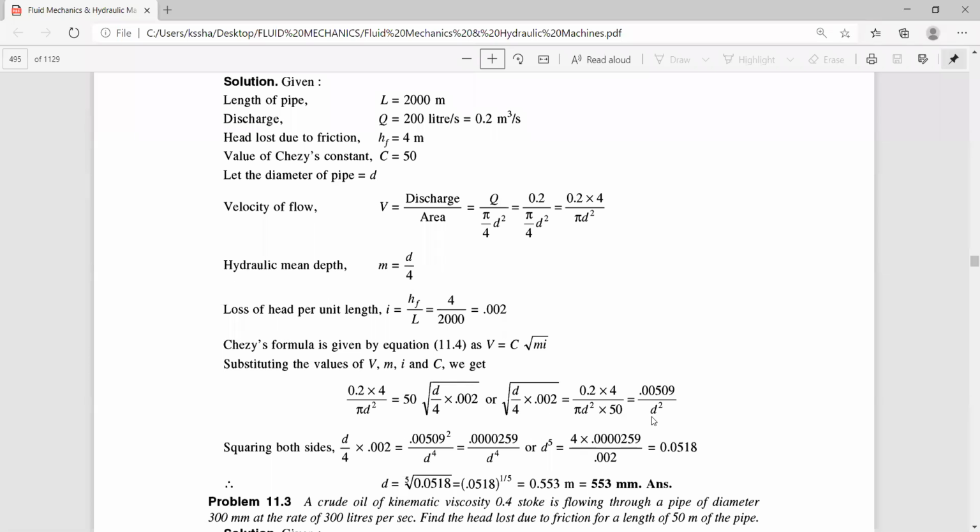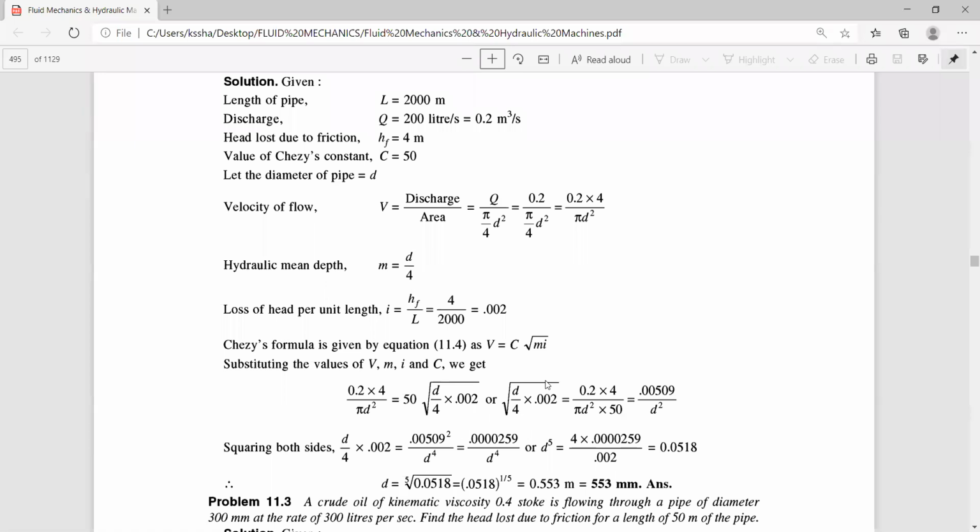I will also try to solve this in the calculator. 0.2 into 4 divided by 3.142 into 50. Yes, it is correct. It comes out to be 0.00509 divided by d square. So under root of d by 4 into 0.002 is equal to 0.00509 by d square.